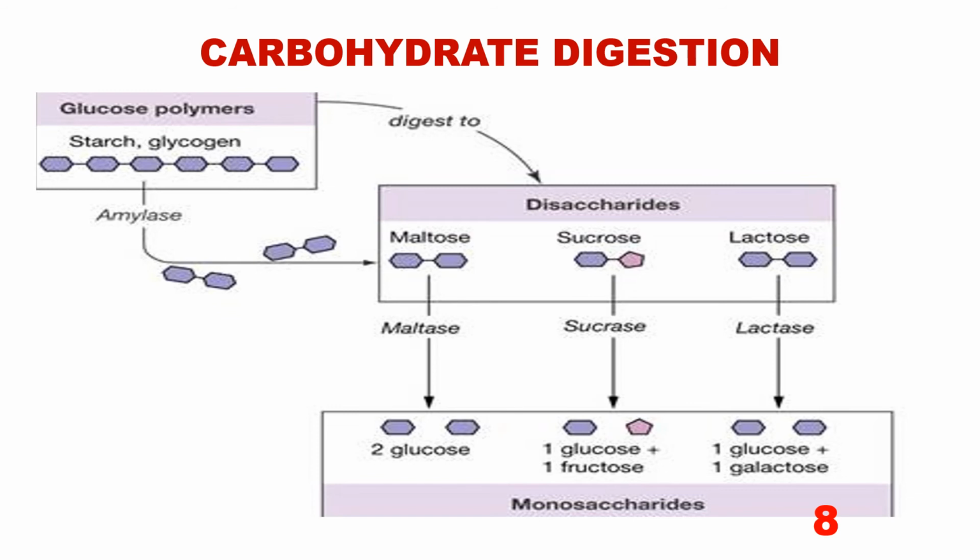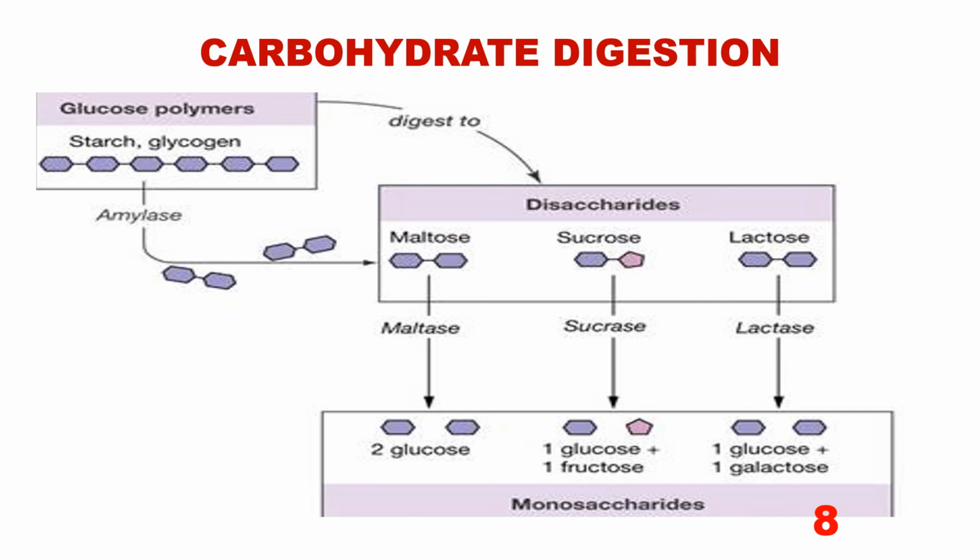At the same time, the glucose polymer may be lactose, which is another disaccharide sugar. Disaccharide sugars are of three types: maltose, sucrose, and lactose.